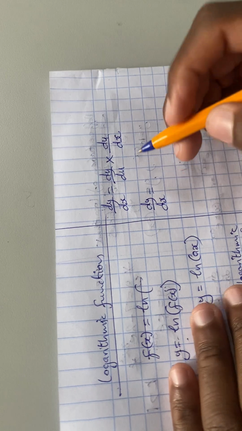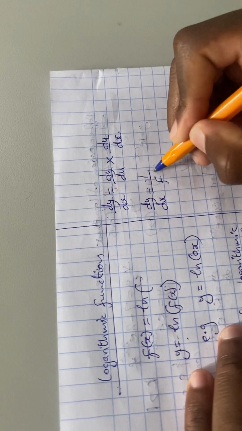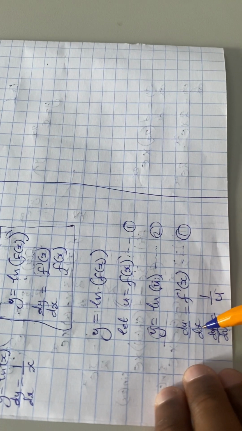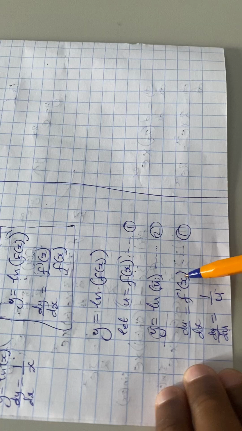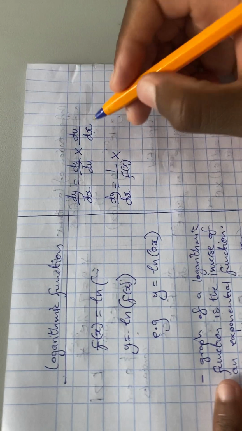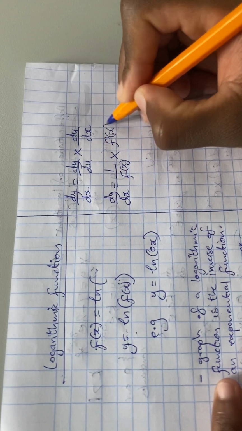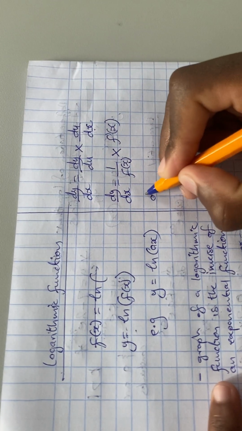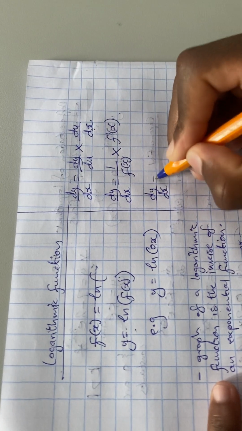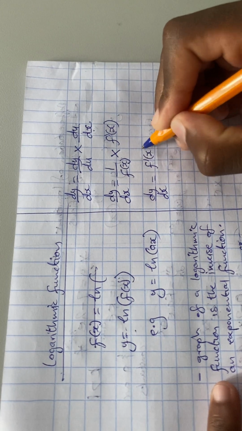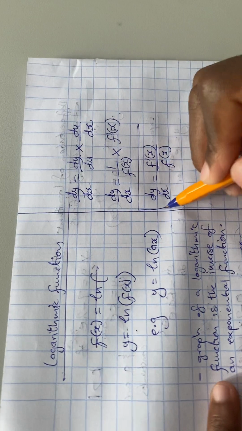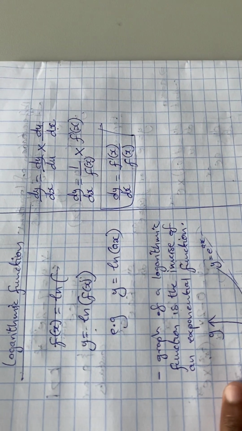Coming back here, we just have 1 over f of x, multiplied by du/dx, and we know our du/dx here is f dash x, isn't it? And then when you multiply and simplify, dy/dx we just get f dash x over f of x. So this is the first derivative of a logarithmic function.